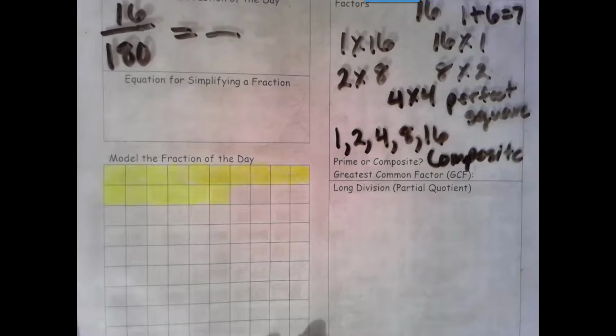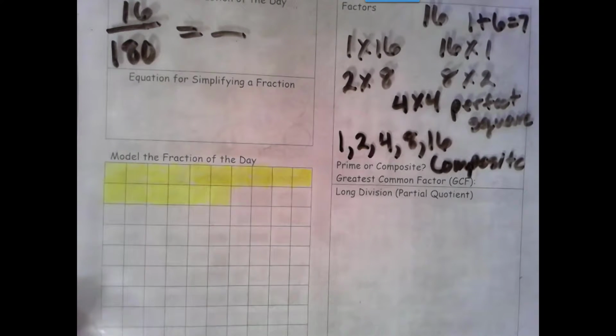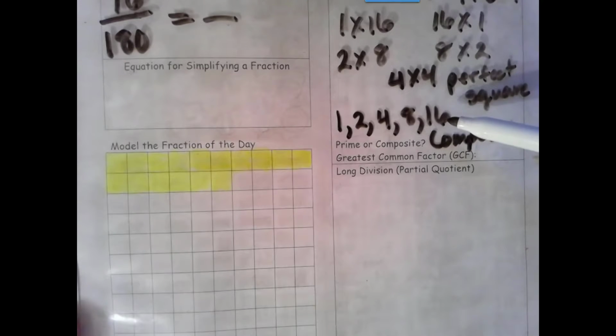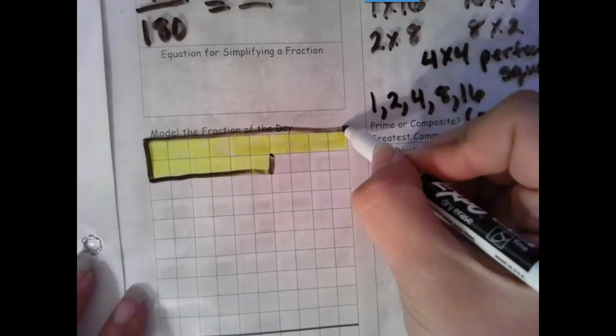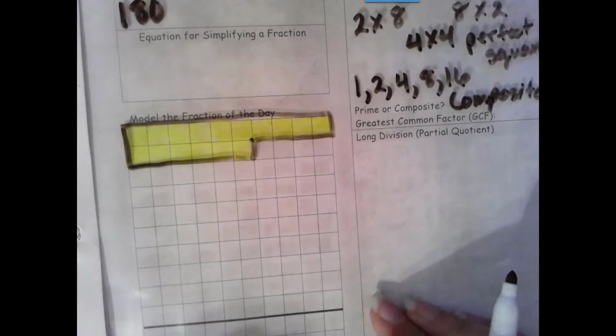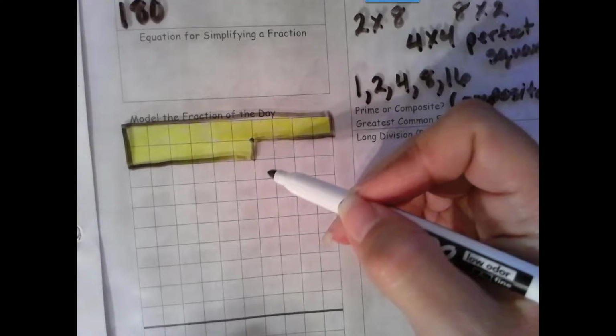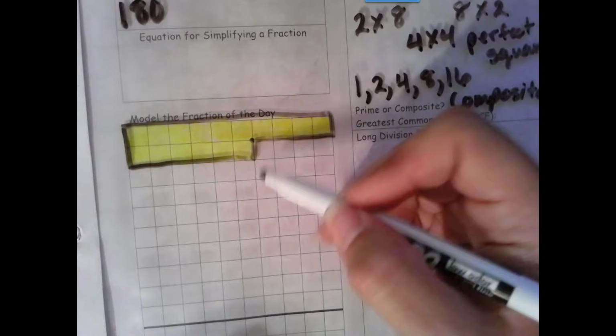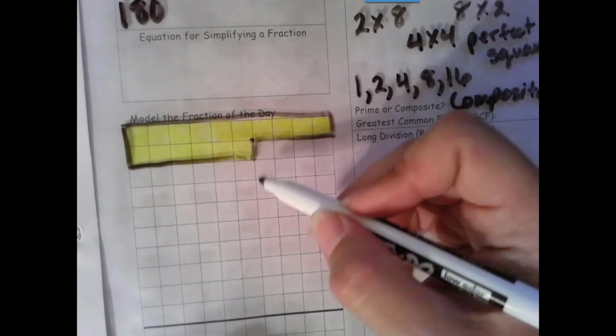And now we need to figure out what our greatest common factor is. So we're going to start with our greatest factor here and see if it's common to both. So we're going to make groups of 16. It doesn't matter what your groups look like as long as you have 16 in each group and you do not have any shaded with unshaded.